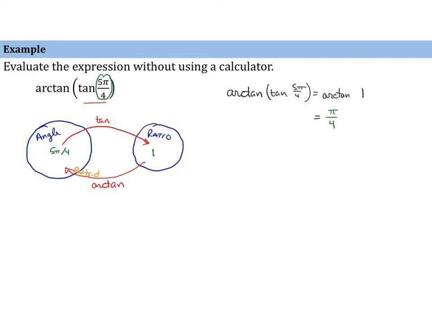So what you really do is you take 5 pi over 4, you trace it over here to the ratio that it yields, but then go back and you just need to find the representation of 5 pi over 4 within that restricted range of the arctangent function that would yield the same sign that 5 pi over 4 did, but had the same reference angle.